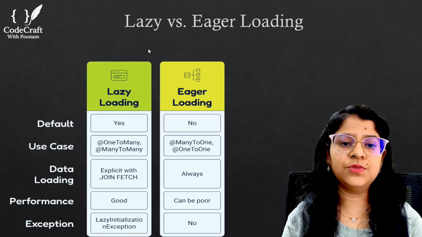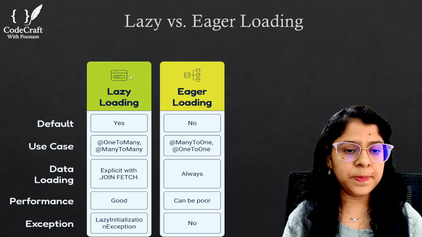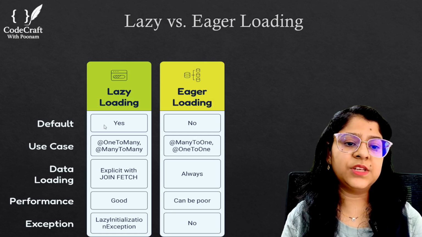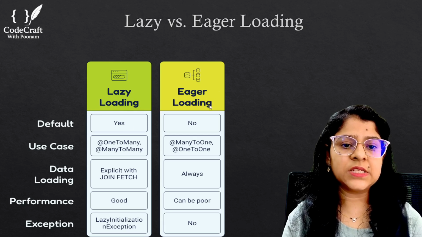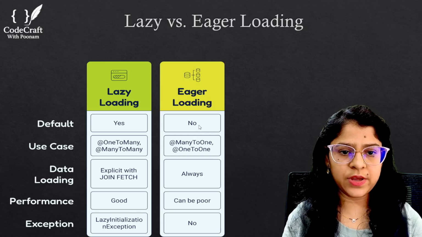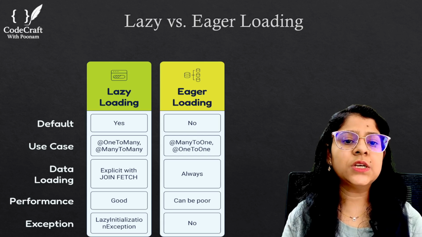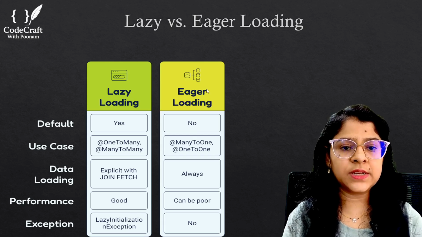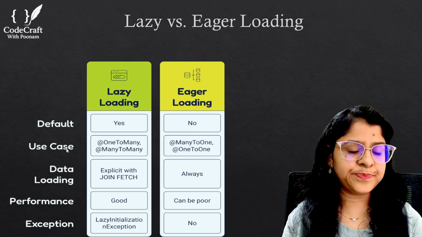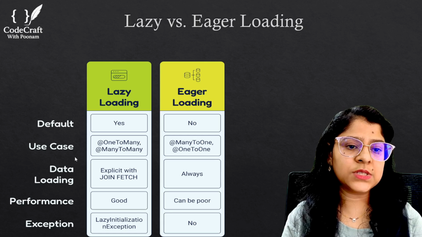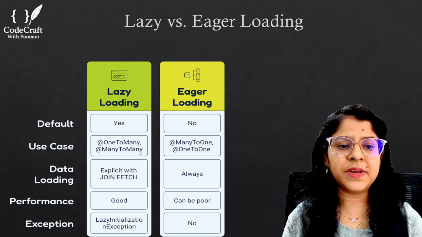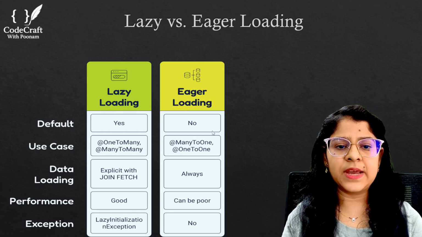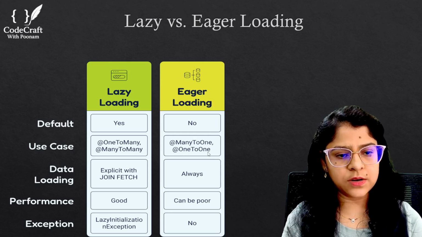So now coming to lazy versus eager loading. The default is lazy loading. Whereas eager loading is not the default. So if you want to change to eager loading, then you need to set it to eager. Coming to the use case, for lazy loading we have @OneToMany and @ManyToMany. And eager loading is @ManyToOne and @OneToOne.